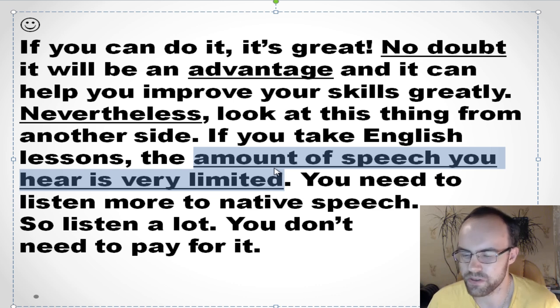Just turn on the radio, listen to some interesting programs or podcasts, or watch some movies and programs. Listen a lot, and you don't need to pay for it to train your listening skills. You will hear lots of interesting and natural phrases.